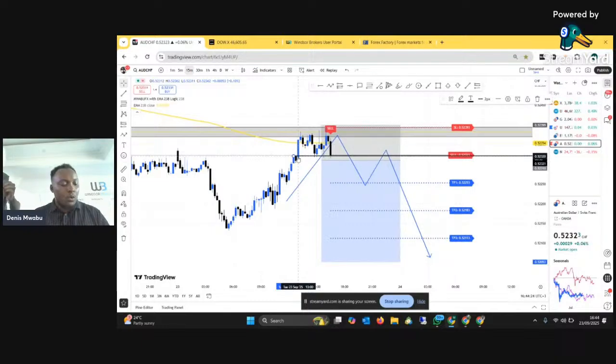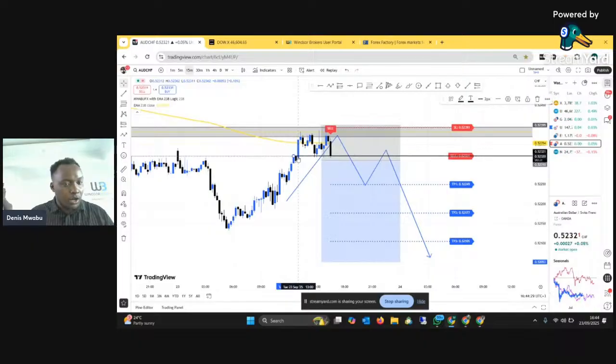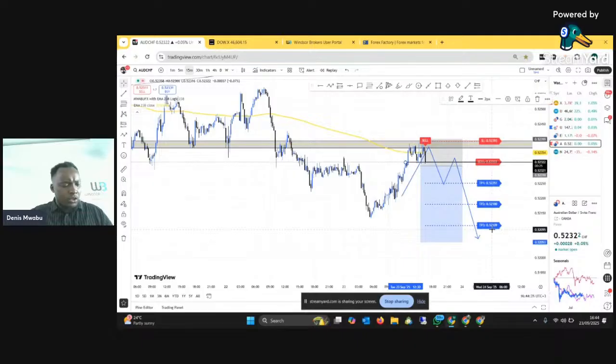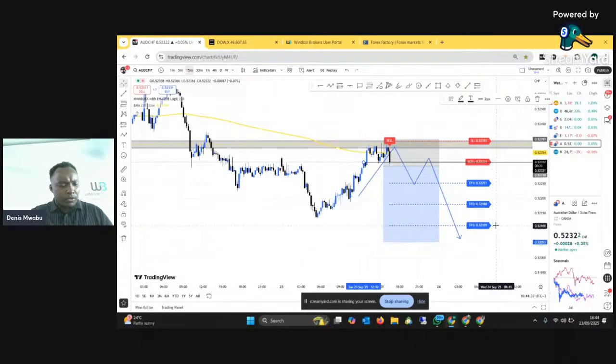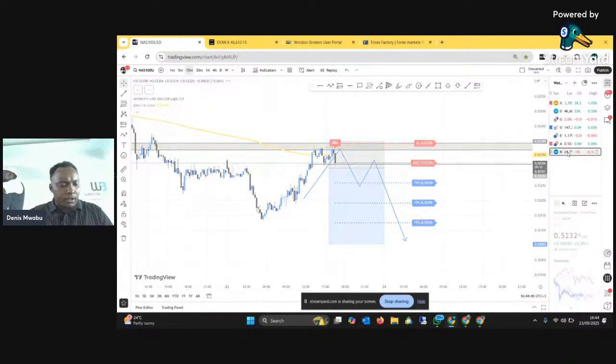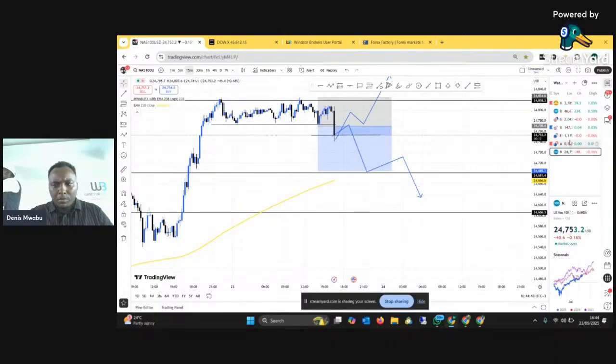BMM has given the sell. I don't think AUD CHF will be affected, but I think NASDAQ might be affected.